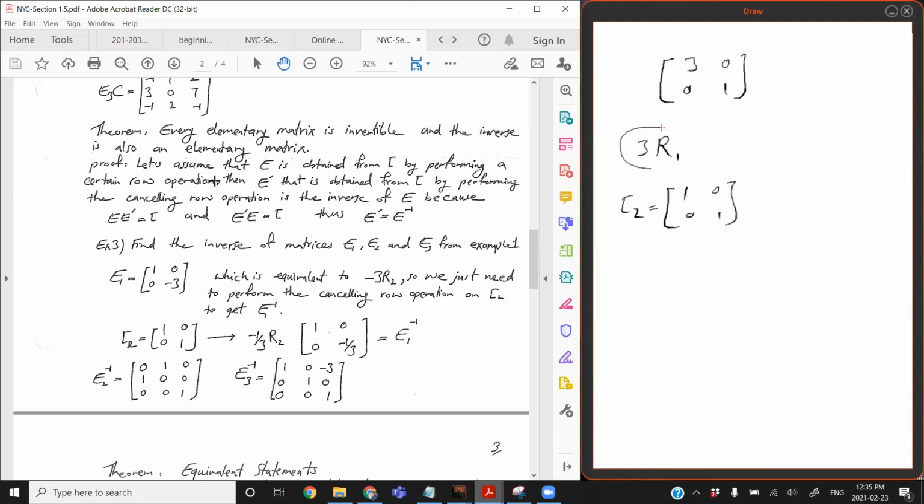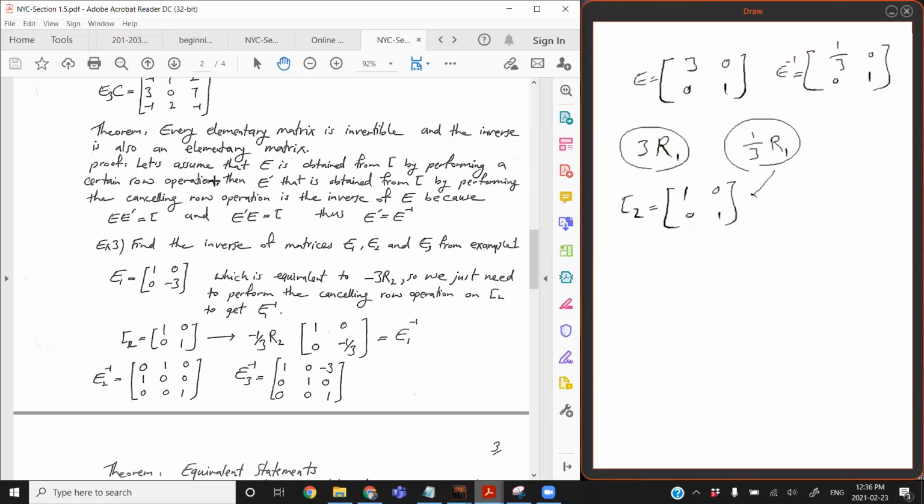If I perform this row operation, I'm going to get this elementary matrix. Now, what is the canceling row operation for this? The canceling row operation would be 1 over 3 row 1. So if I perform this canceling row operation again on the identity matrix, I'm going to get 1 over 3, 0, 0, 1. This is like having E, and this one would be E inverse.